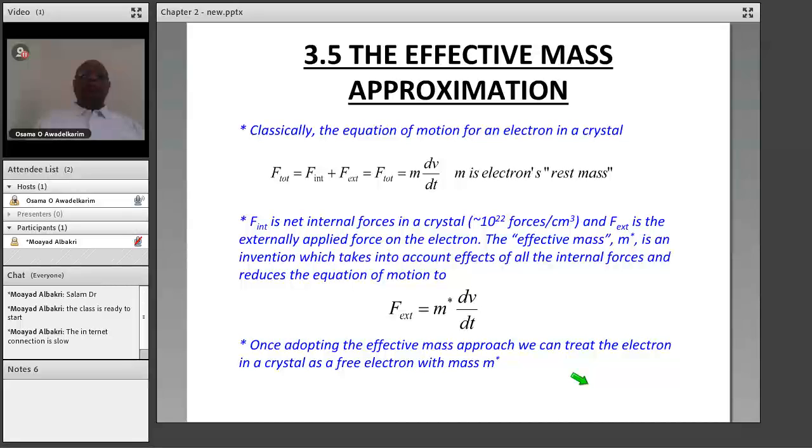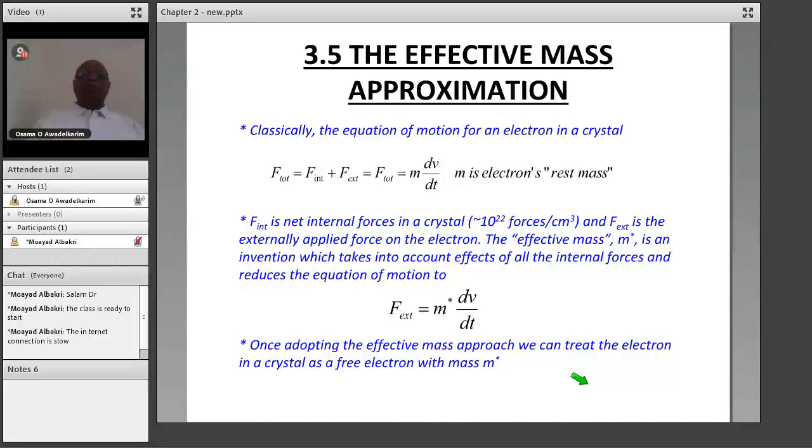So now, if we want to look at the dynamics, how things happen in a solid, then it becomes really difficult. Because if we want to abandon quantum mechanics, which is somewhat more difficult than Newton mechanics, classical mechanics, however, it's more appropriate. There are situations where Newton mechanics or classical mechanics can work very well and can give us a lot of information. So we can actually use it.